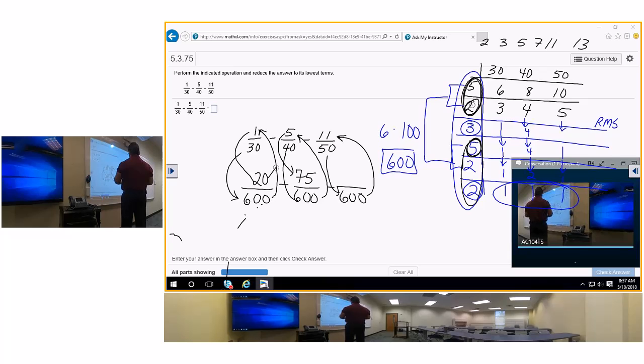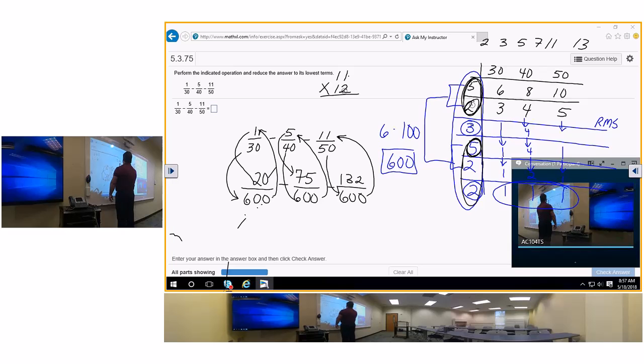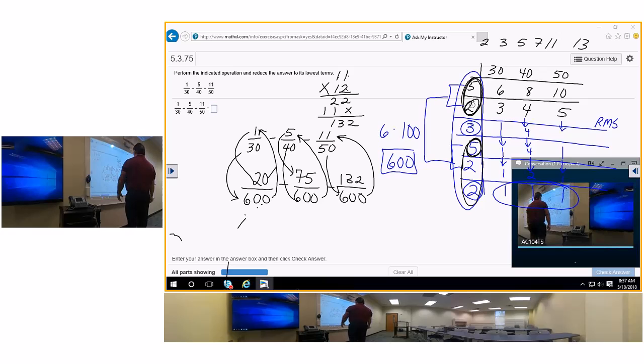Plus 12 is 132, I think. We'll check it. So 11 times 12. 2 times 1 is 2. 1 times 1 is 1. It's a miracle. 132.